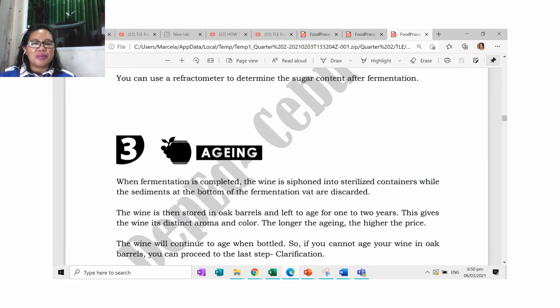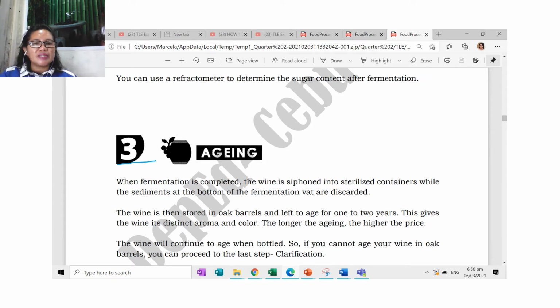Okay, so number 3, aging. What's aging? When fermentation is completed, the wine is siphoned into sterilized containers while the sediments at the bottom of the fermentation vat are discarded.